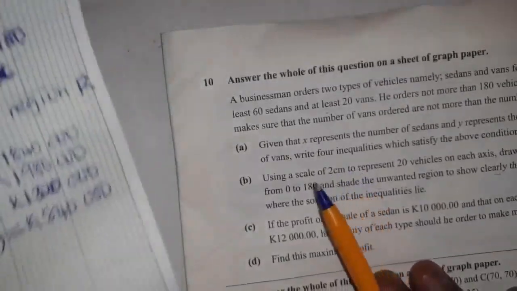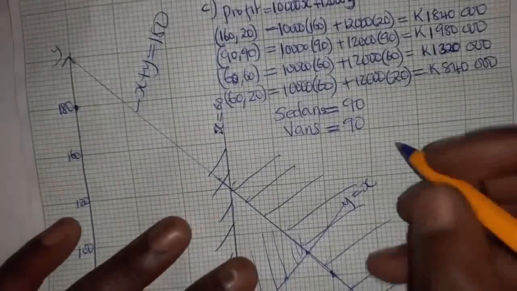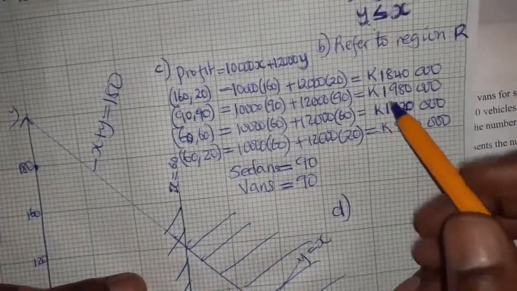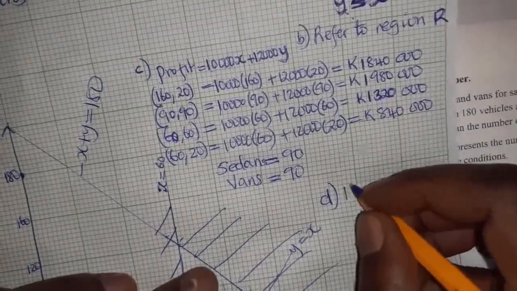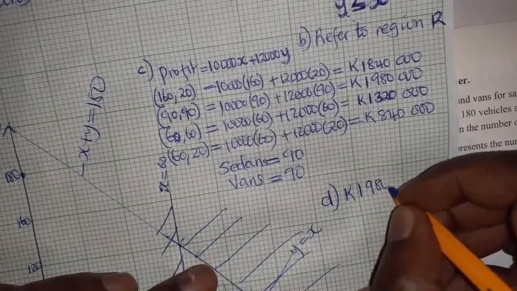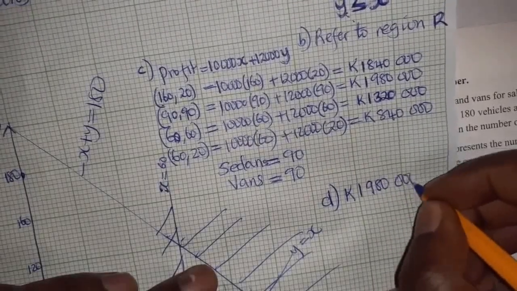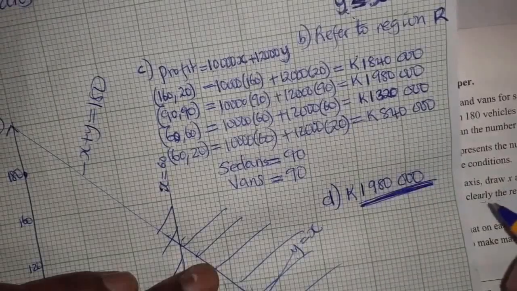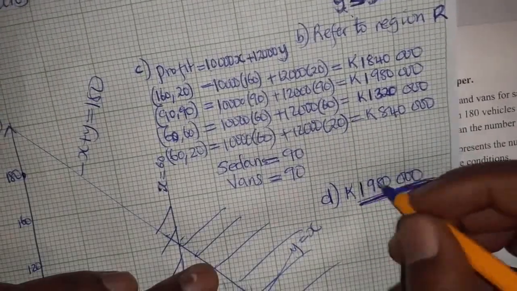So the maximum profit here, which is D, is this same highest amount, 1,980,000 kwacha. Okay, that is what you're going to get.